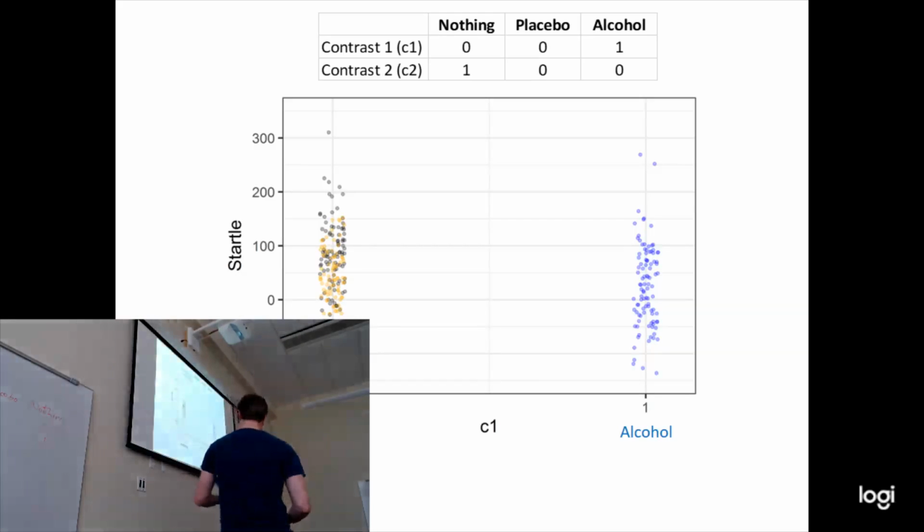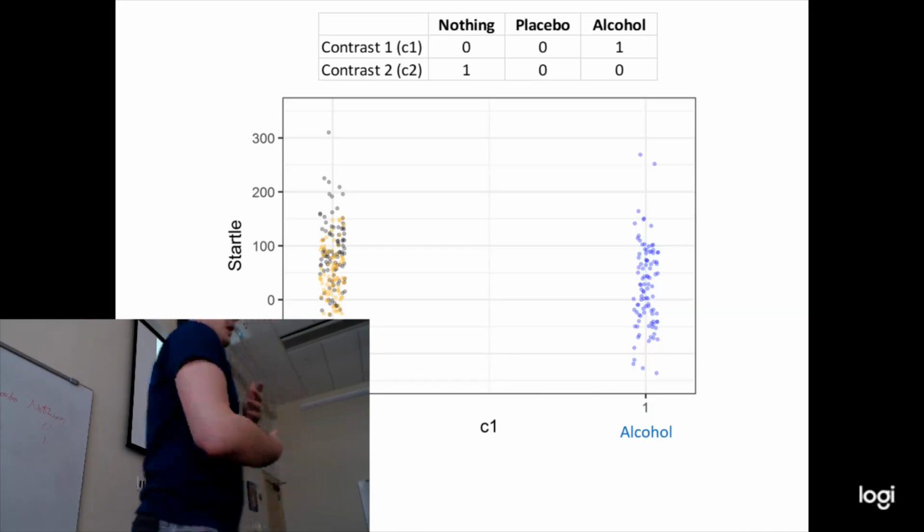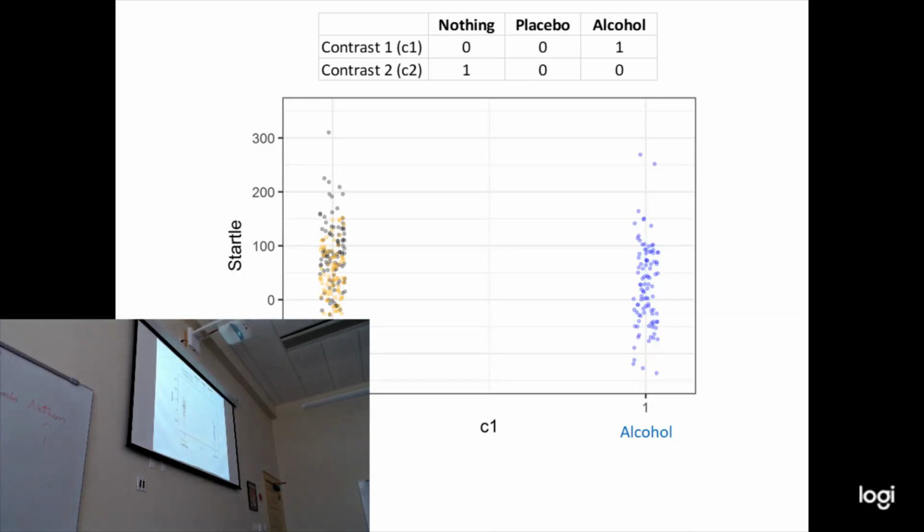For this first graph, all I've done is replace the previous x-axis with the values for C1. Notice how both placebo and nothing are mixed together at this point. There's no way to distinguish the two except by the color. So this looks very similar to the process we went through for orthogonal contrasts.